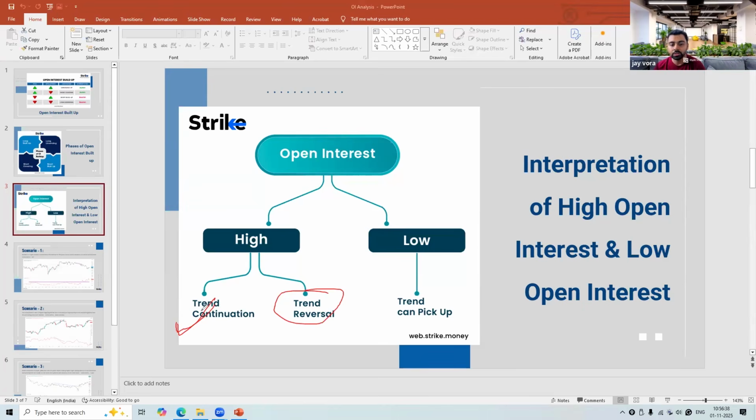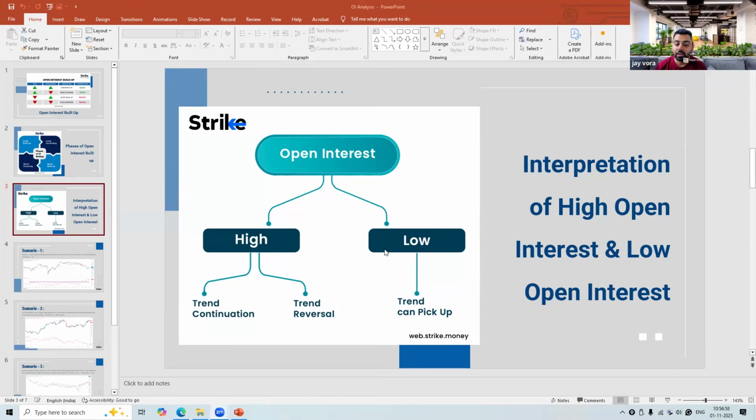All these things you will be able to see over here, but trend reversal is something you will be able to see only through OI, and that will give you a lot more confidence to trade, and I'll explain how in just a while. Okay, so just hold on with that thought.